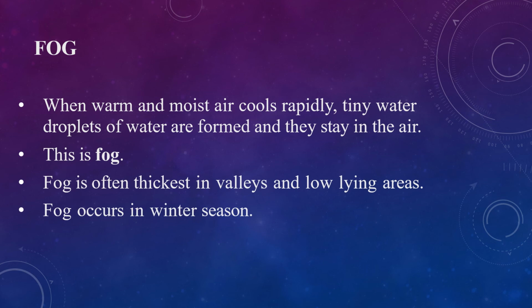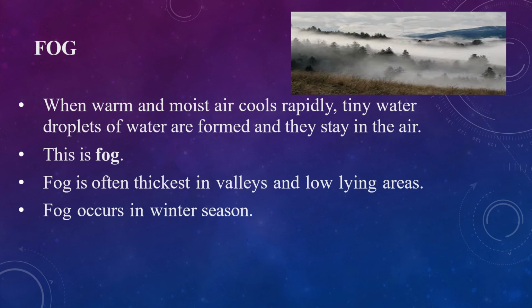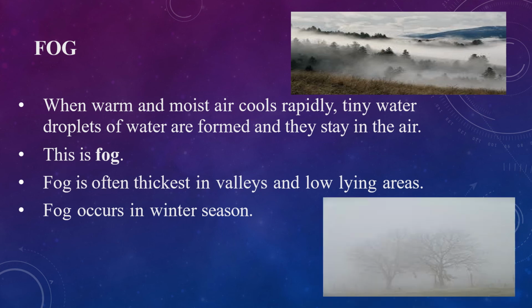Fog occurs, of course, in the winter season. So, you can see in the picture, the trees, the ground are all covered with fog. Sometimes it is hardly visible due to fog.